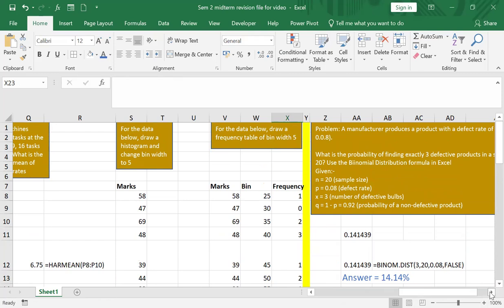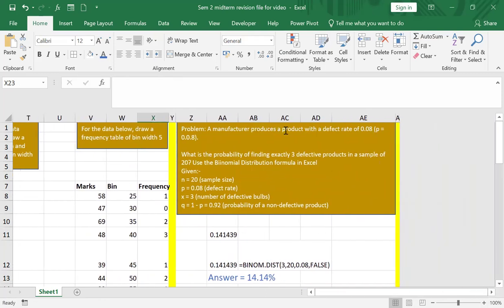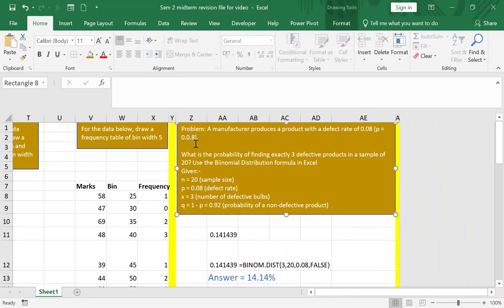The last one we have: a manufacturer produces a product with a defect rate of 0.08, that is p equal to 0.08. What is the probability of finding exactly 3 defective products in a sample of 20? You have to use the binomial formula. The only thing you have to remember is that the sample size is 20. You are drawing a sample of 20, and your probability of defect rate is 0.08.